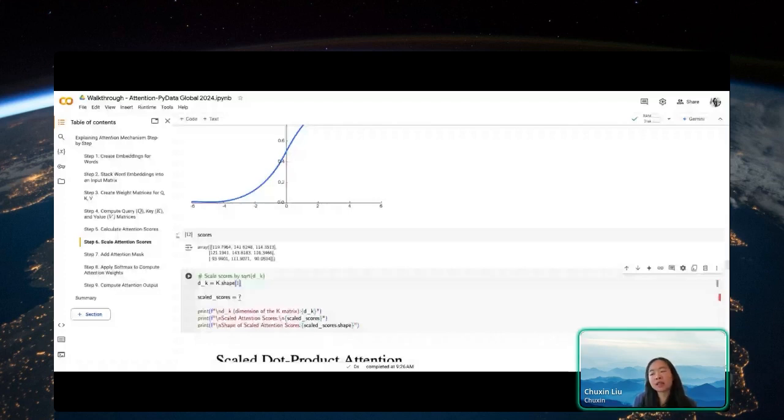In this example, we're setting the dimension of WK the same as the embedding dimension, so 8 by 8. But K is 3 by 8, so dk is 8. Next we want to scale the score by np.sqrt of dk.